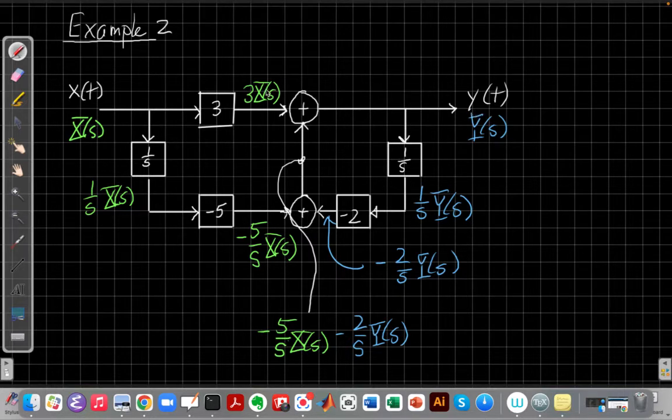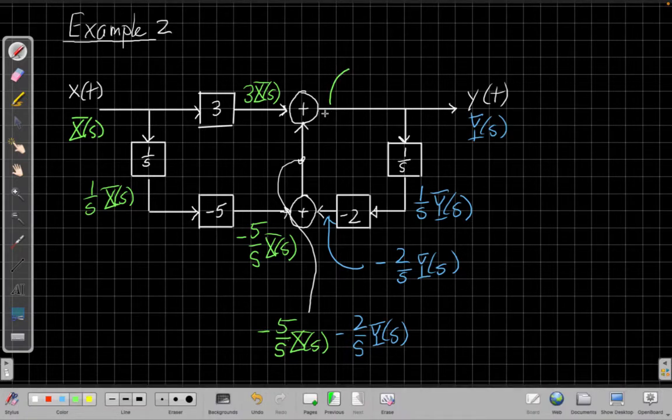This output is Y of s, but we know now it's also the same as the sum of these two input branches. So if I look at that branch, I would have 3X of s from the one input.